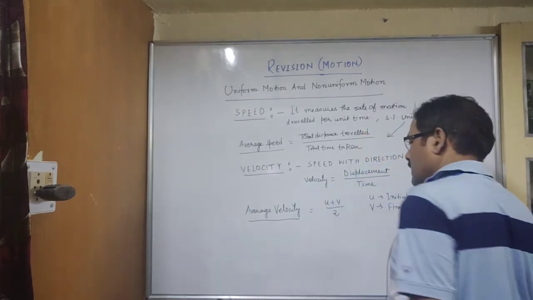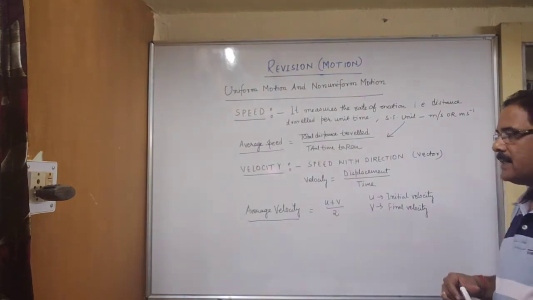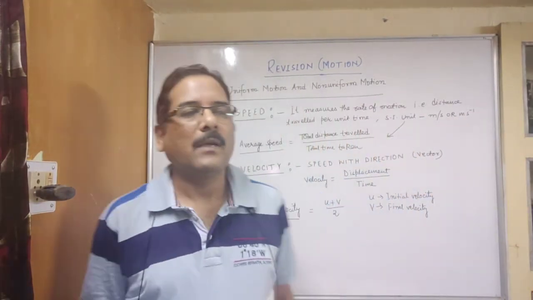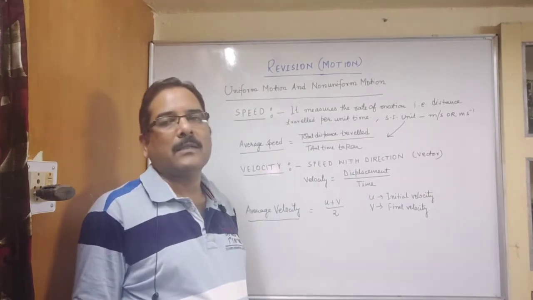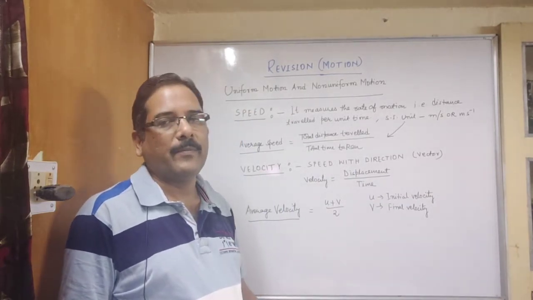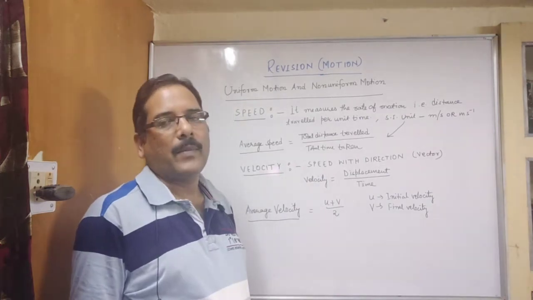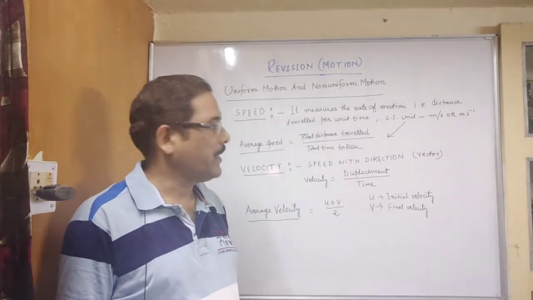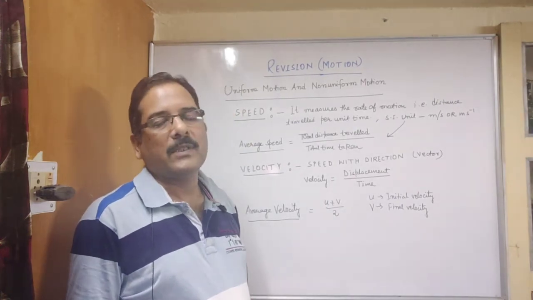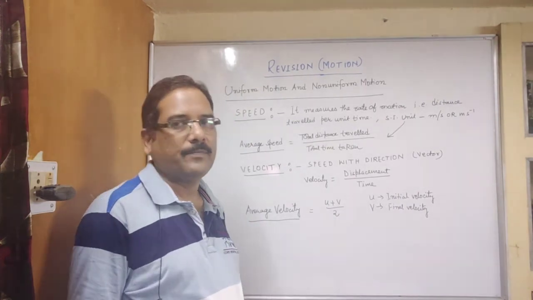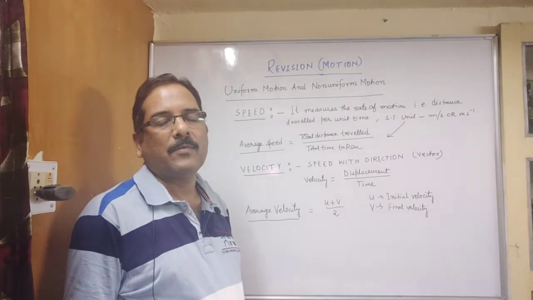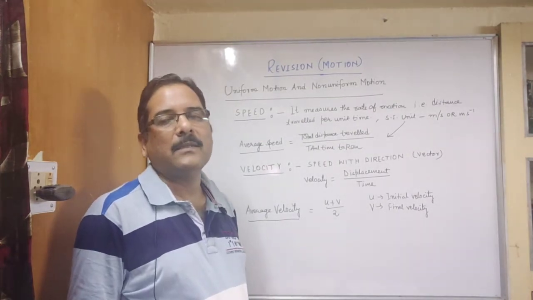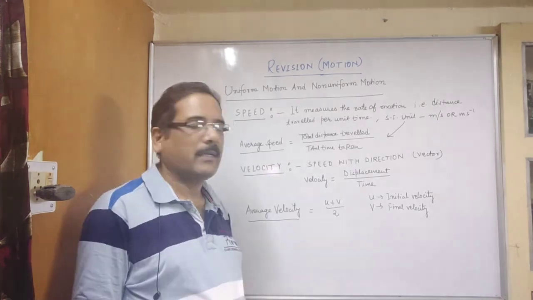And we are saying that the object changes its velocity uniformly. It means suppose when it starts moving, its velocity is simply 5 meter per second. But after some time, suppose its velocity is 40 meter per second. Then U is 5 and V is 40. So if you have to calculate the average velocity, you must add initial and final velocity and divide it by 2.